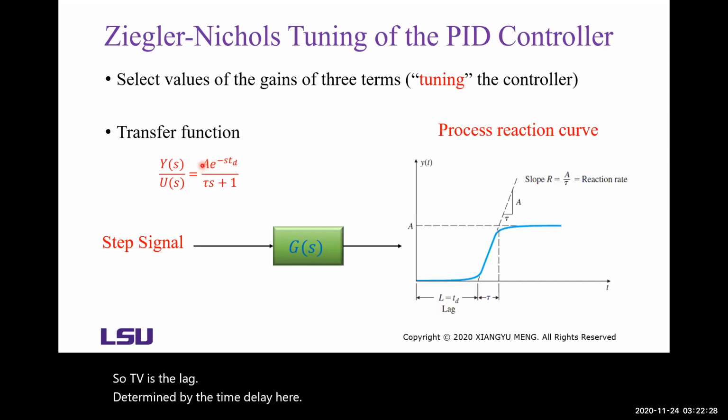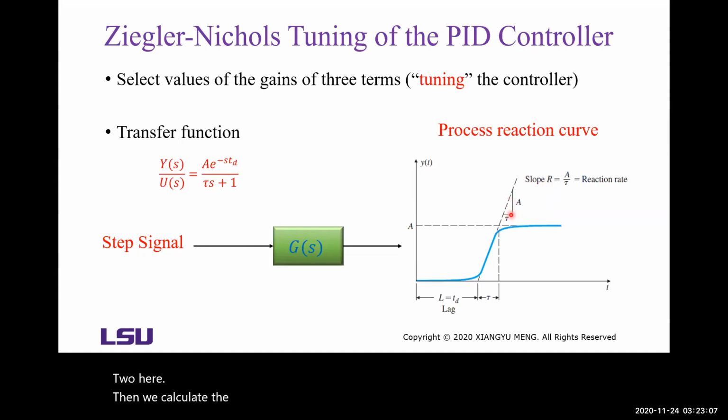A is the DC gain of the open loop transfer function. If we use a unit step signal, that will be the final value of the step response. Then tau is the time constant. It's the time from here to here. Then we calculate the slope.